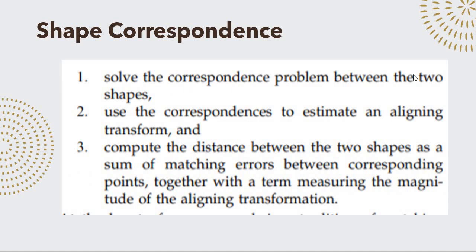We have to solve the correspondence problem between the two shapes, use the correspondence to estimate an aligning transform, and lastly compute the distance between the two shapes as the sum of the matching errors between the corresponding points. Together that forms the measure of the magnitude of the aligning transform.